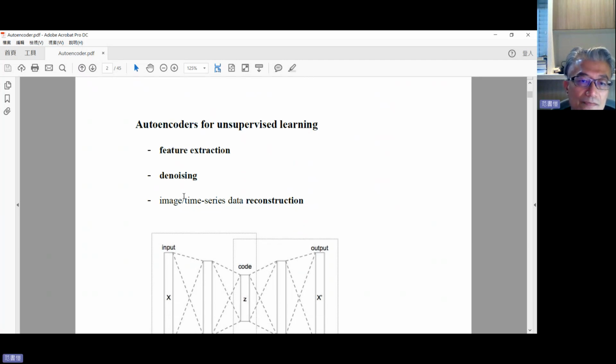It can perform denoising if the original data is noisy, or has some color issue or missing values. It can perform padding or stitching in the local area if the resolution is not uniform. And it does image and time series data reconstruction.